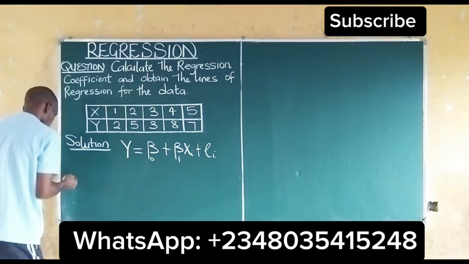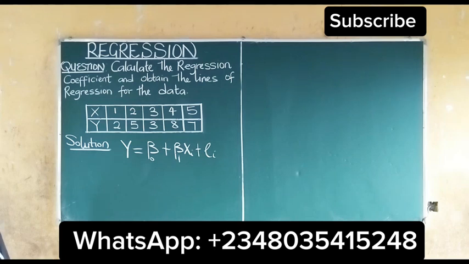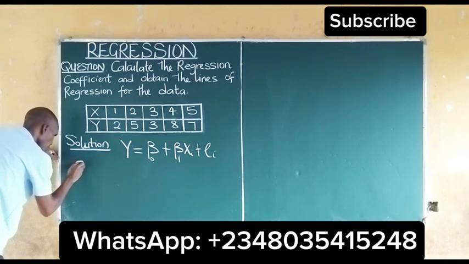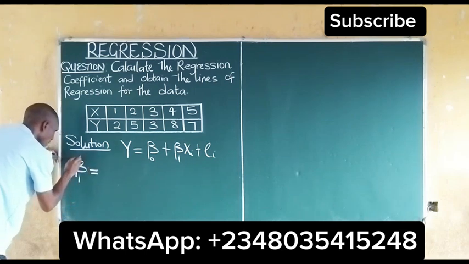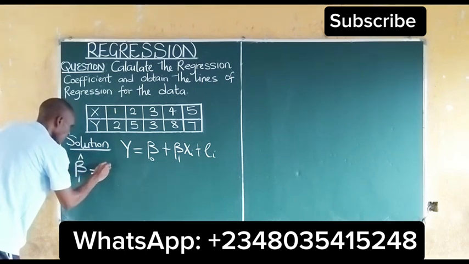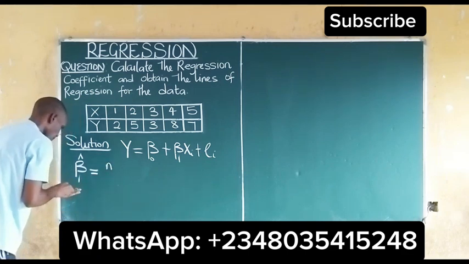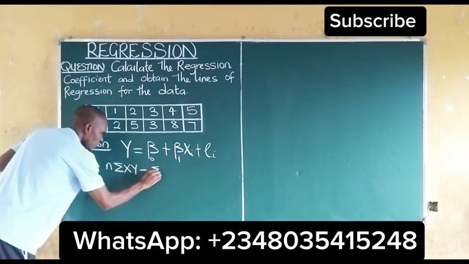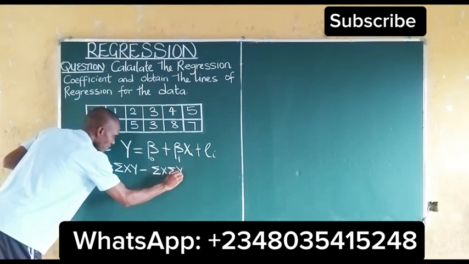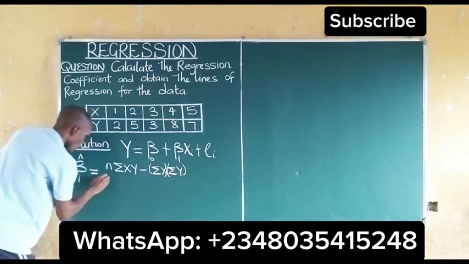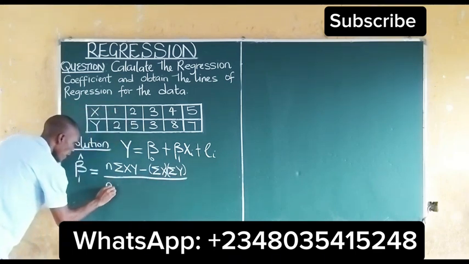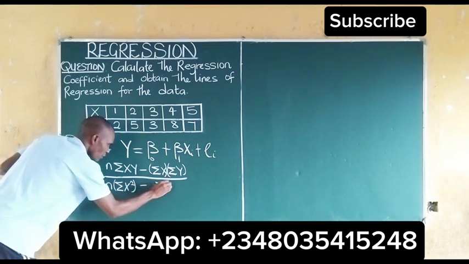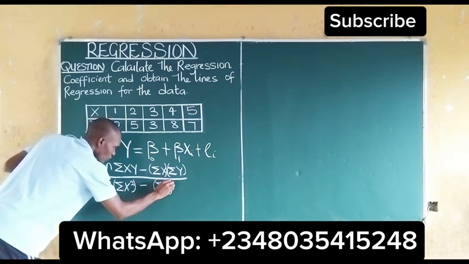Our b1 estimate can be written as n times the summation of xy minus summation of x times summation of y, all over n multiplied by summation of x squared minus summation of x, all squared.